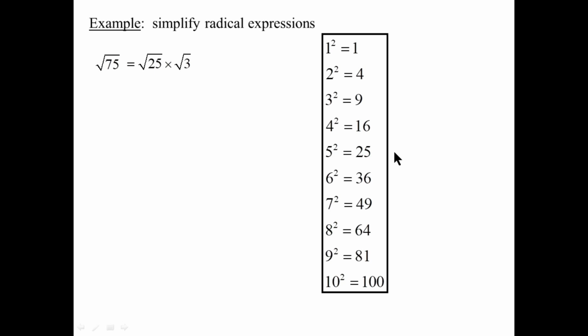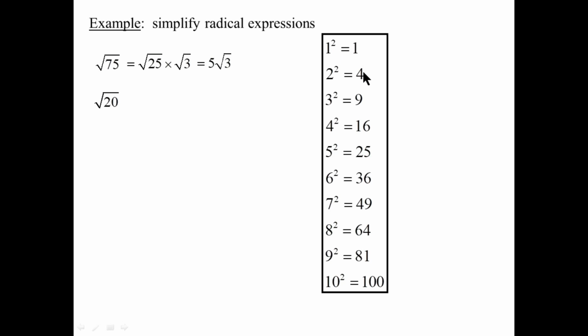It's root 25 times root 3, because 25 times 3 is 75. Now, root 25 is a comfortable number that we know. That's the number 5. So we can write root 75 as 5 root 3, because we break out a perfect square factor out of the 75. And this is the principle.